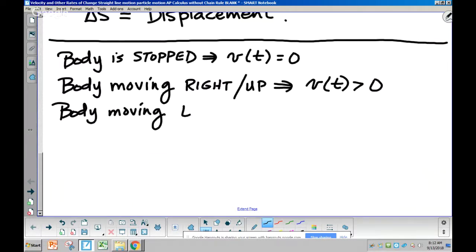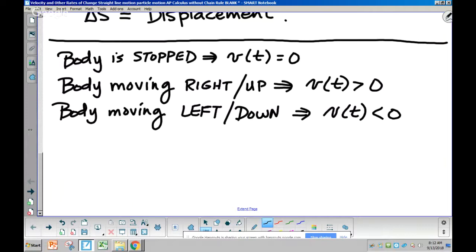And if a body is moving left or down, our velocity will be negative.